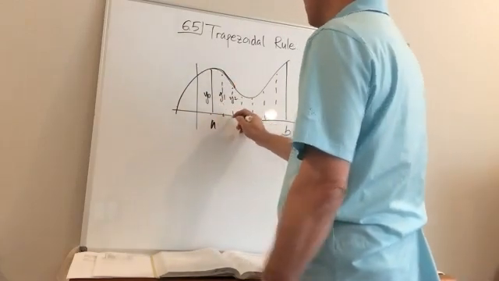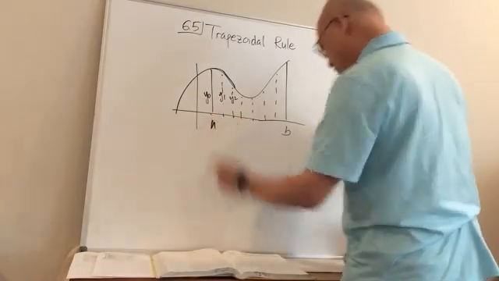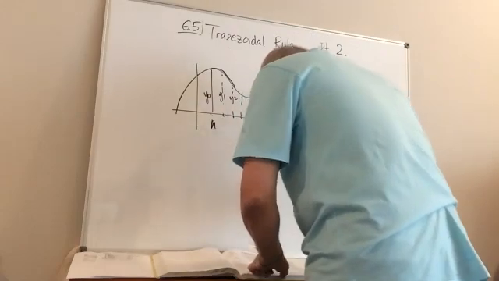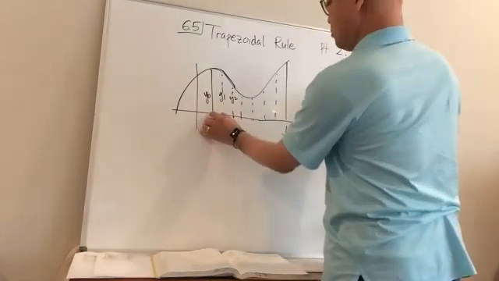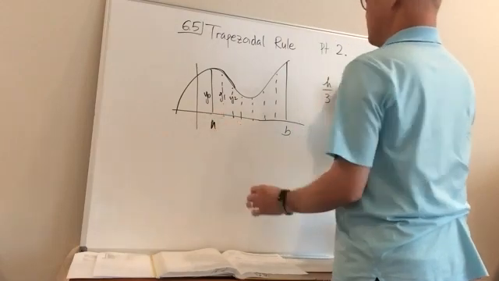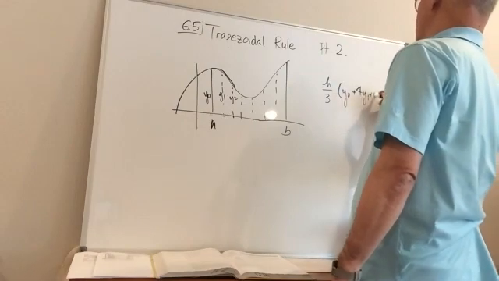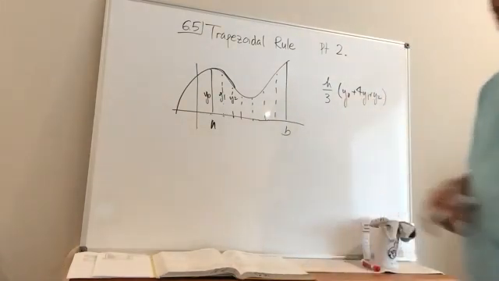from here to here, so these two strips, is going to be equal to one third h, since each of these is h, so it'll be h over 3 times y0 plus 4y1 plus y2.